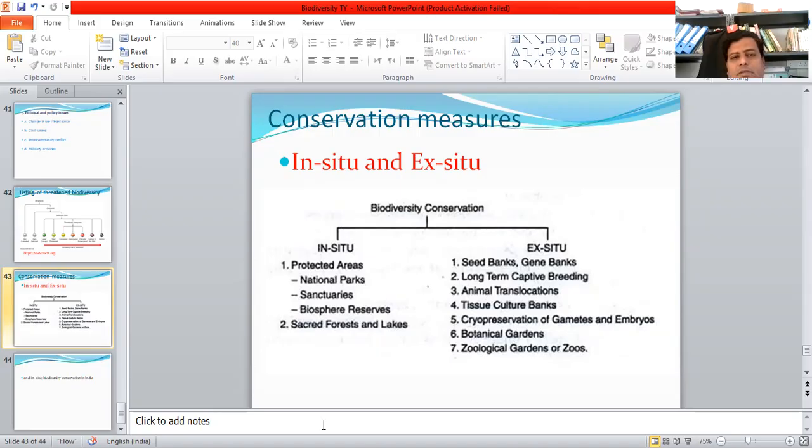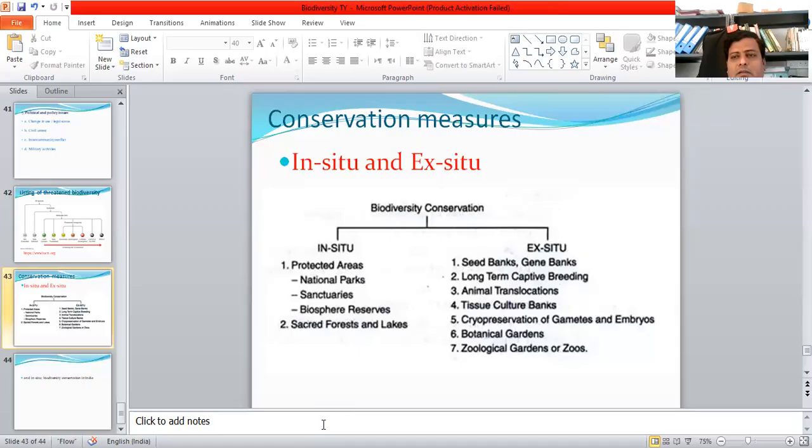Ex situ conservation means off-site or out of place. It is a set of conservation techniques that involves the transfer of a target species away from its native habitat, meaning it is removed from the forest.